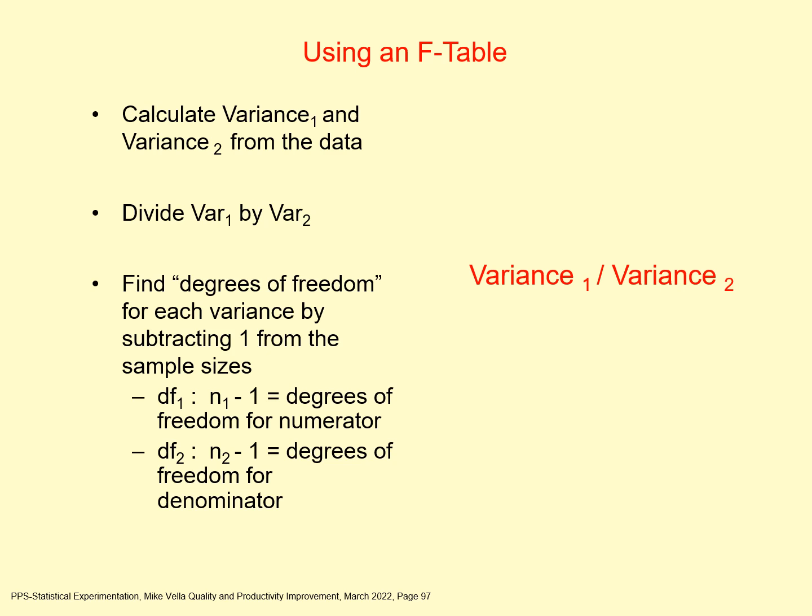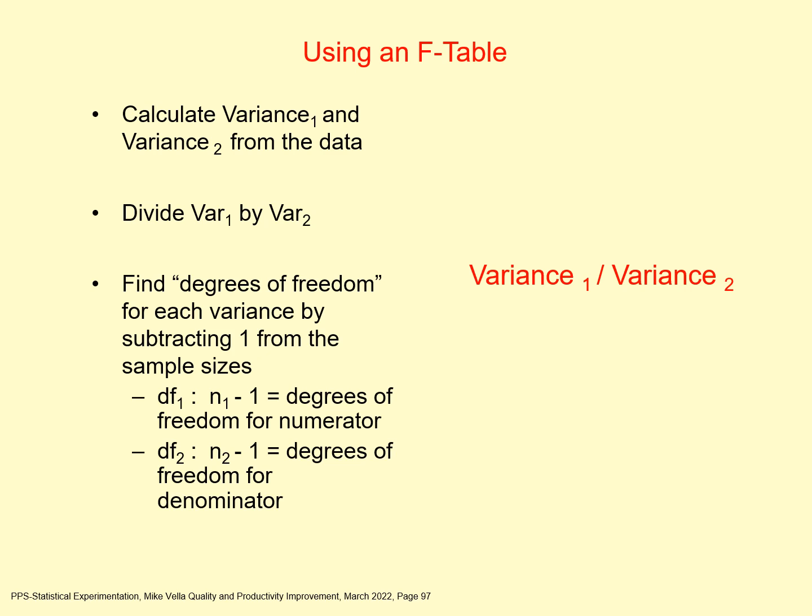So using an F table, we're going to calculate the variance 1 and the variance 2 from the data. And we're going to divide variance 1 by variance 2. And we're going to find the degrees of freedom for each variance by subtracting 1 from the sample size. Degrees of freedom 1, n1 minus 1, is the degrees of freedom for the numerator.